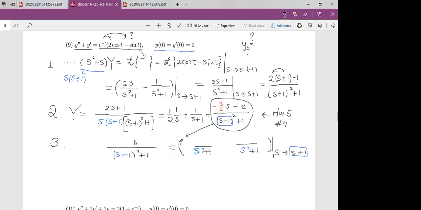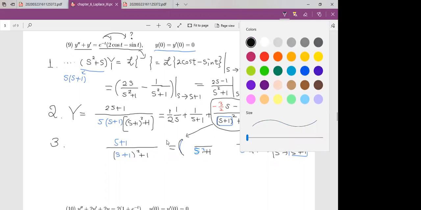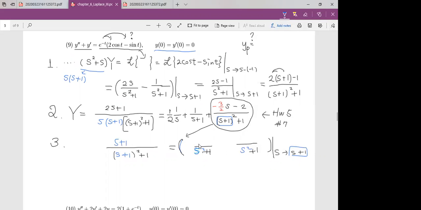That's why we want a copy of s plus 1 in this numerator as well. It would be great. Then we read that as a translated version like this, s over s squared plus 1, where s is replaced by s plus 1, and so on.